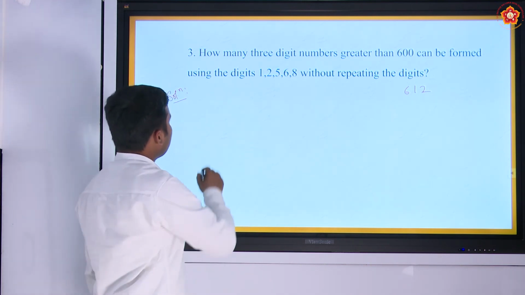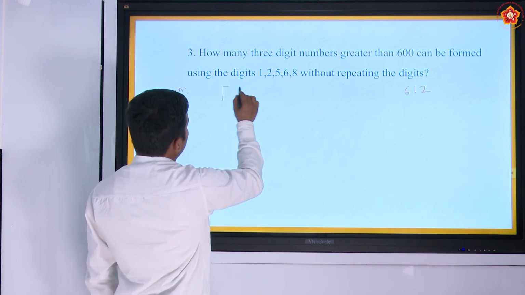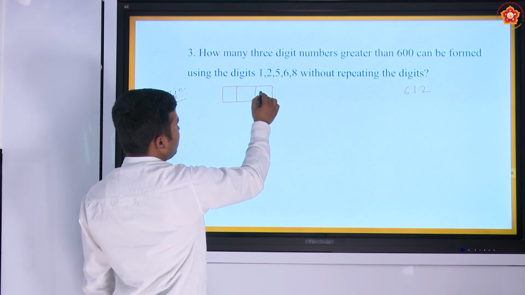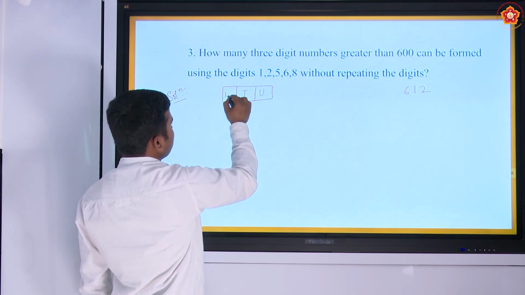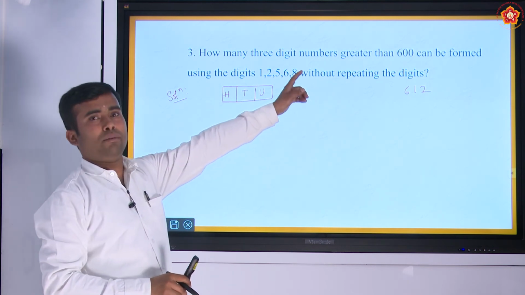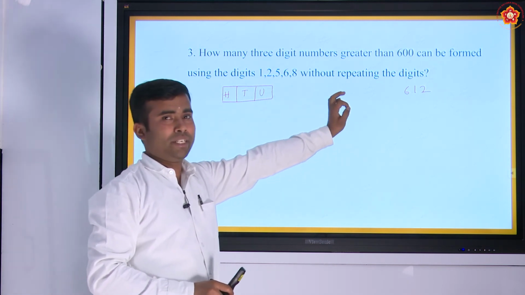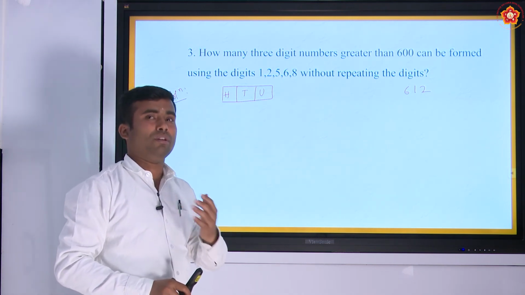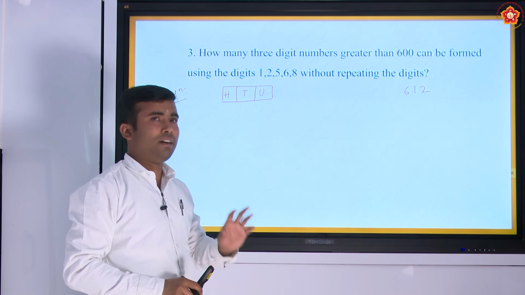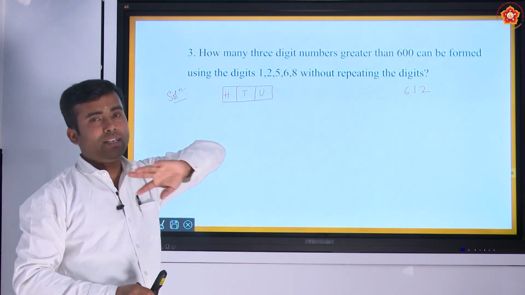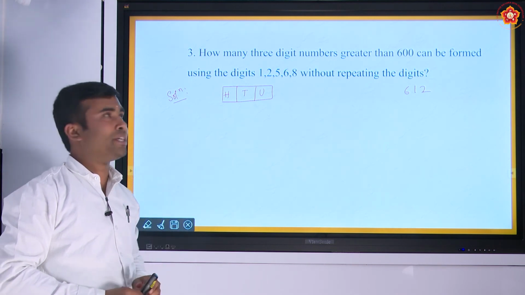So here the 3-digit number has a unit place, tens place, and hundreds place. Now, the 3-digit number must be greater than 600. Then the number of ways for the hundreds place is either 6 or 8, and the condition is digits must not be repeated.